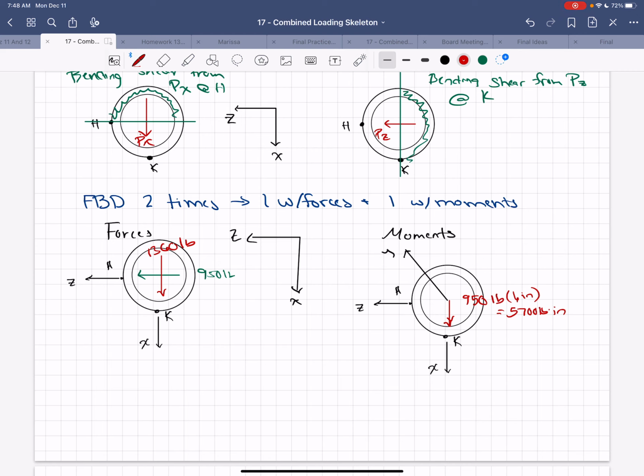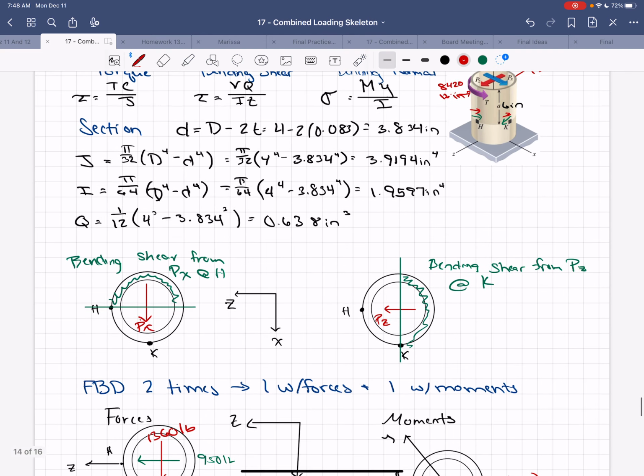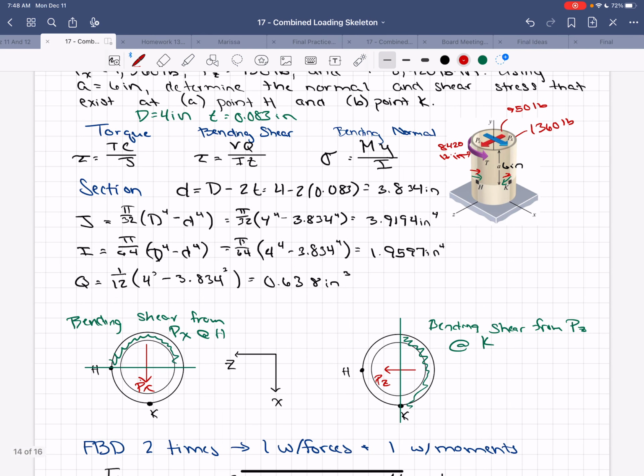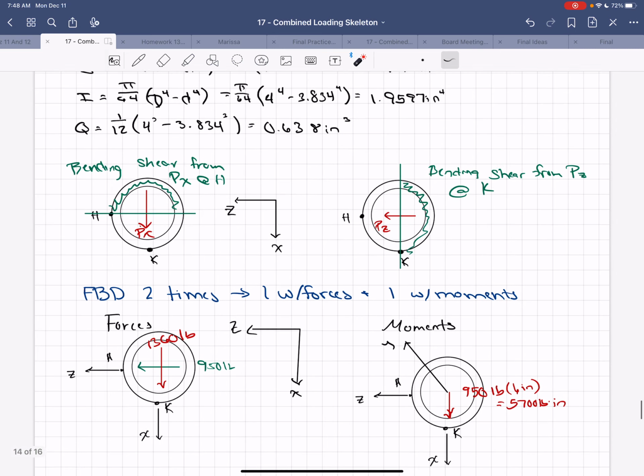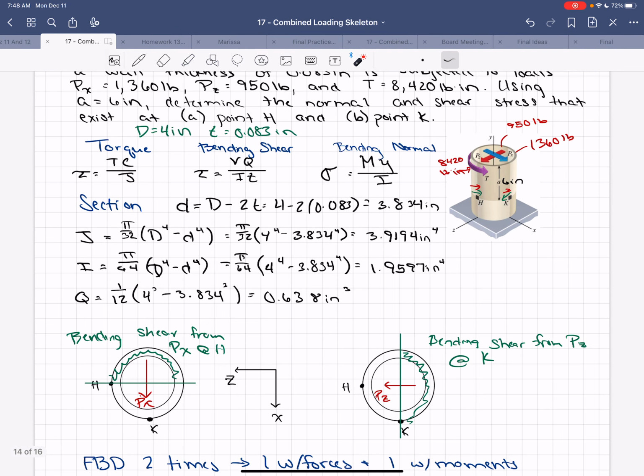Then we're going to have a negative moment in the Z direction from when we take a moment from PX around Z. So we're taking PX around here, around Z. And then negative.